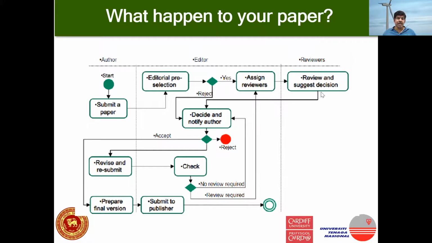Reviewers can directly reject the paper or accept it with minor or major revisions. There are different ways. You can revise and resubmit, and then again it will go to the reviewer. And if everything is right, the journal will accept your paper.